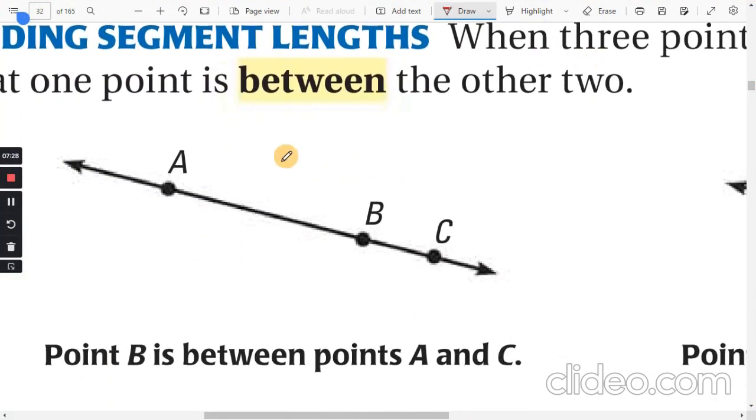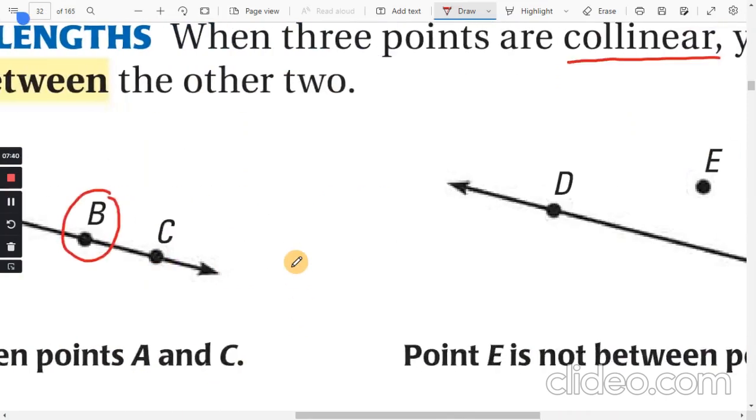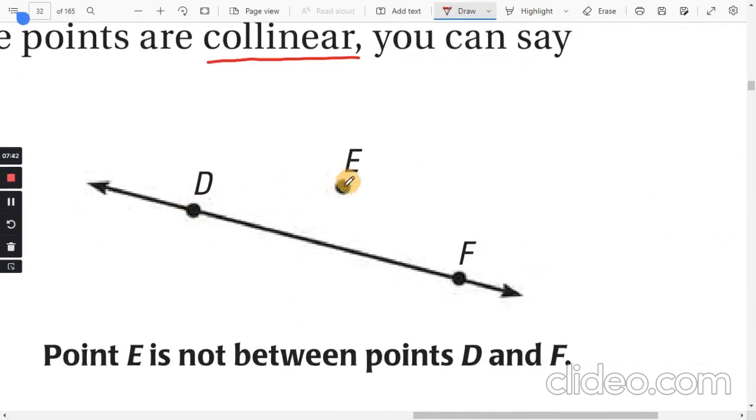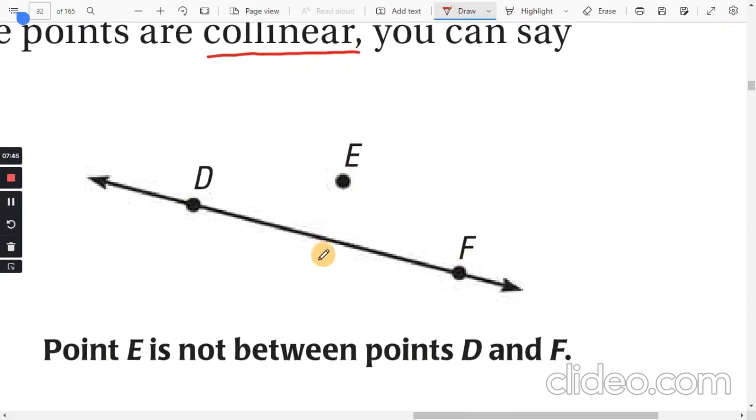In this case, these 3 points are collinear on the same line, and point B is between points A and C. However, these 3 points are not collinear, so point E is not between points D and F. You can see point E is not on the line, so that is not between points D and F.